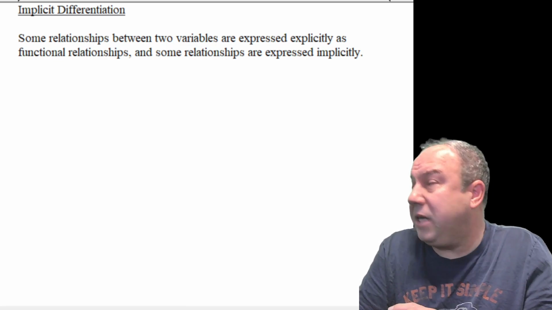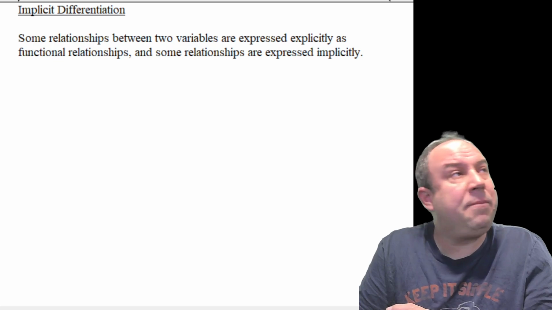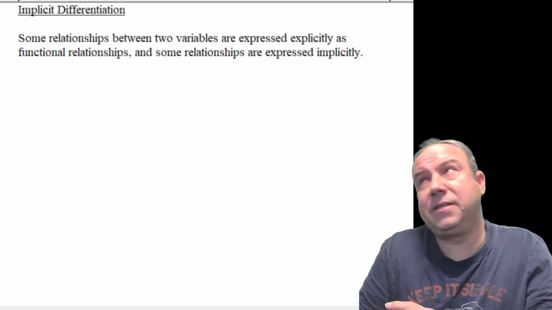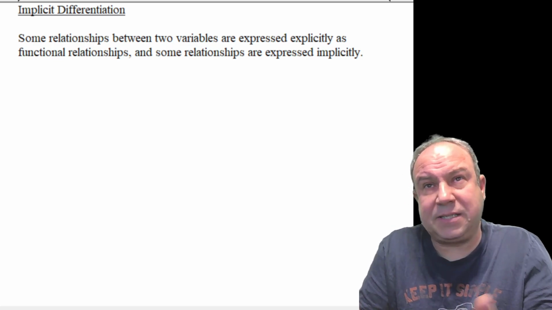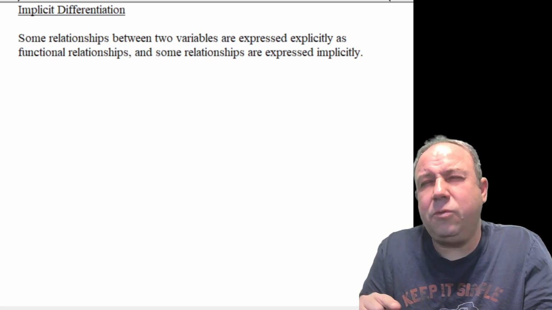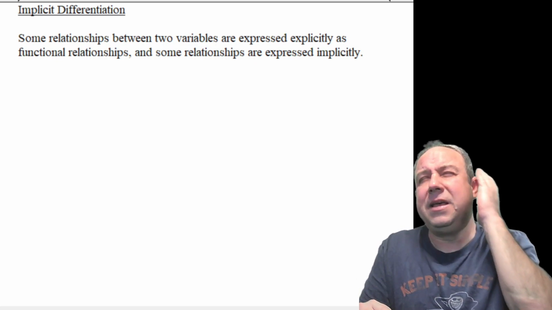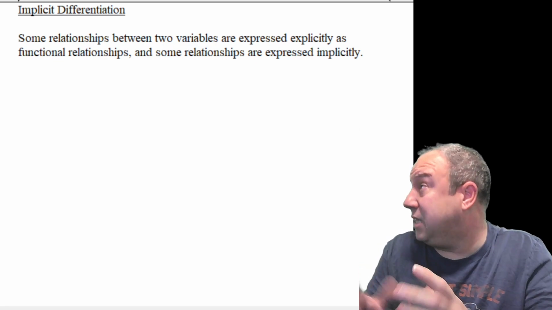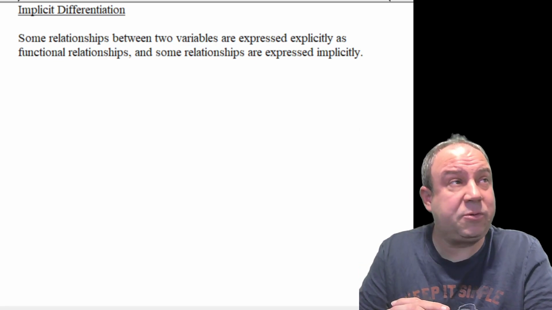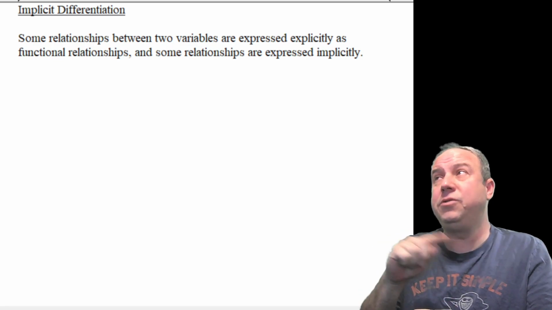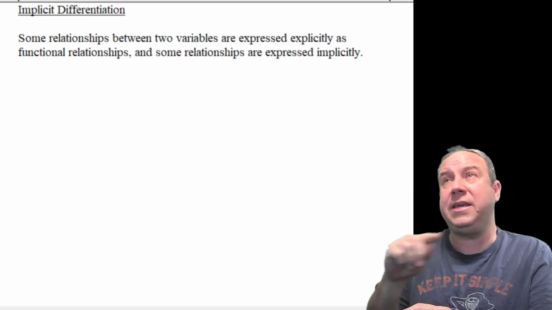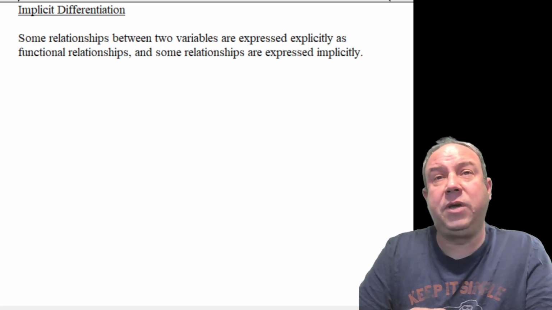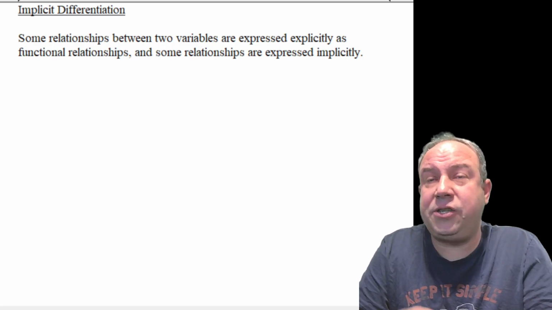Now, where we begin is just by noting, what do we mean by being implicit versus the term explicit? And that has to do with that in algebra, some relationships between two variables are expressed explicitly as functional relationships. We can explicitly use function notation, maybe where y equals f of x.